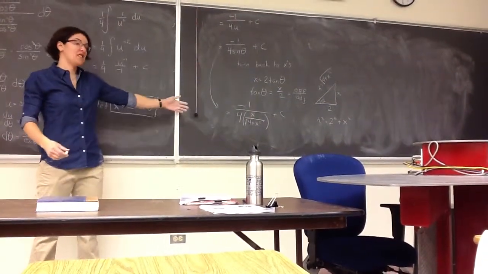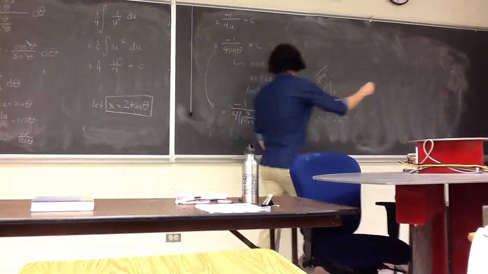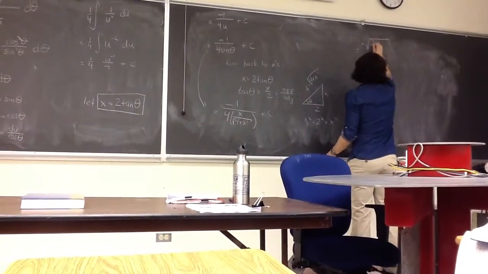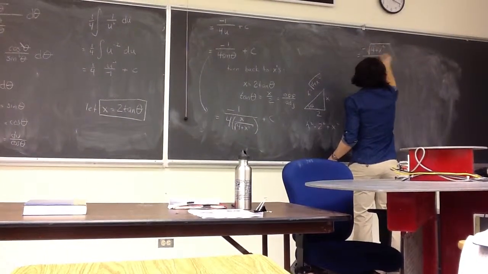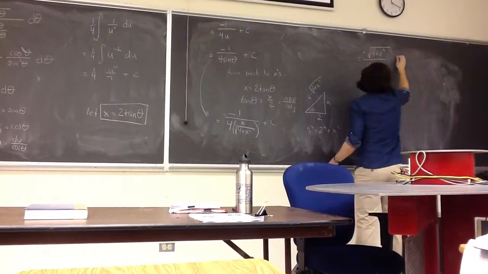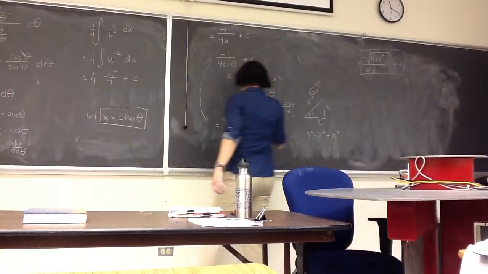And so we could clean this up if we wanted to. We don't have to, but if we did, it would look like negative square root of 4 plus x squared over 4 times x plus c. So either answer is a valid final answer.